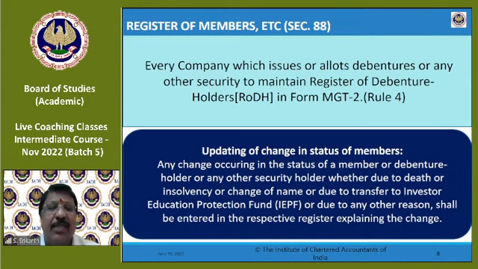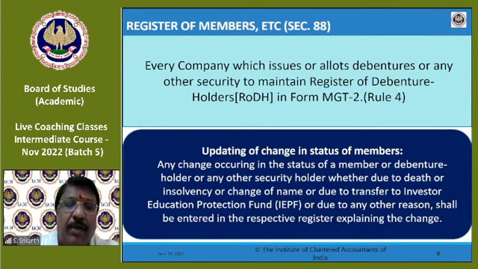Suppose there's a death or insolvency, or we have been sending dividend to his bank account and for 7 years the dividend is not getting credited, then I'll have to transfer it to the Investor Education and Protection Fund. You have learnt about it when you learnt about dividend. So when that amount is transferred to IEPF, you have to make a note in the register of members. Right.